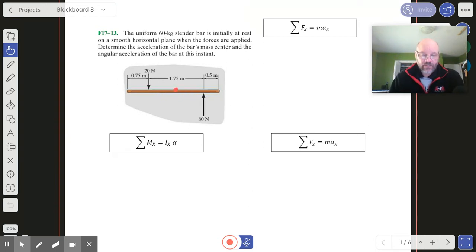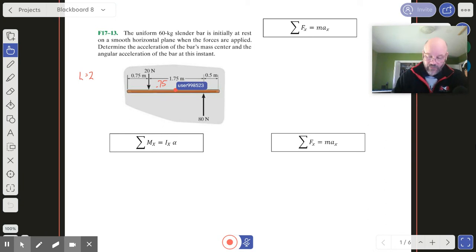Okay. Now this whole thing has a length of 2. And so our distances from the 20 Newton force to the center, that's a distance of 0.75 meters. And out to the other one, it's 1 meter. Okay, so we've got those two distances there.